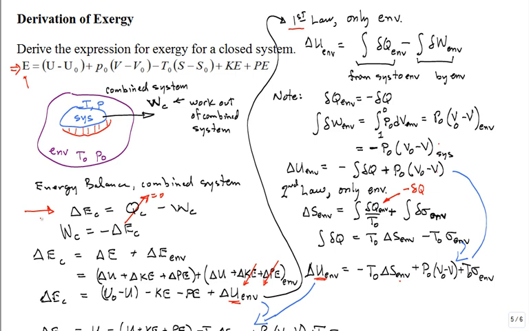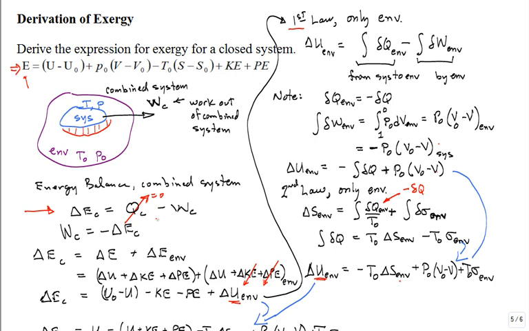Energy. Energy, that's right. And so Q sub C, they're showing you that there's really no more heat transfer from the combined system, the outer edges of the environment, with the rest of the world. So that's zero. But what about WC? That's the term we're interested in computing. We're interested in computing WC and maximizing it.